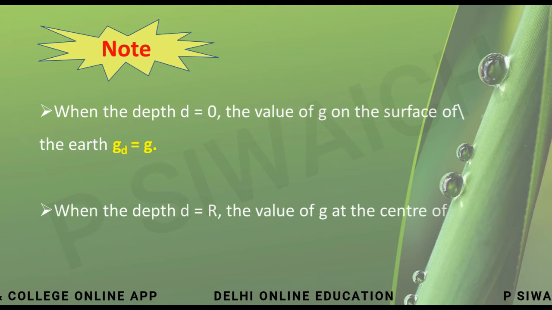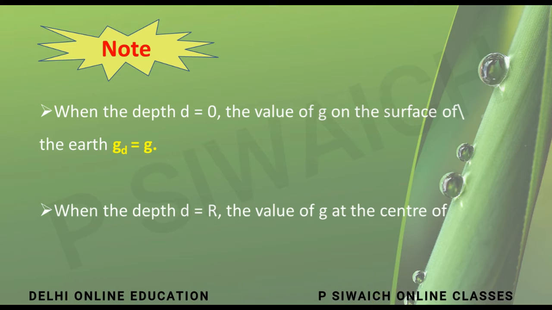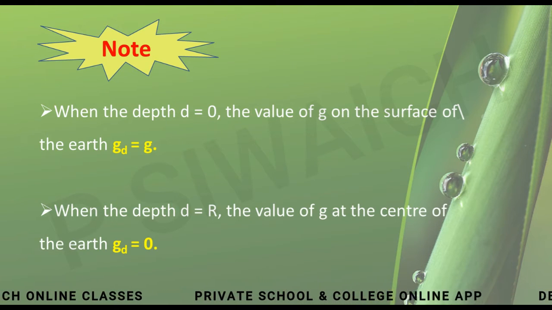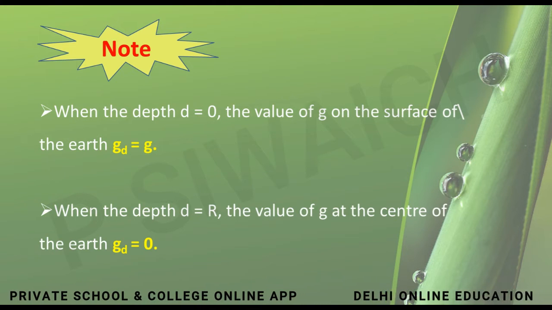When the depth d equals R, the value of g at the center of the Earth g_d equals 0.